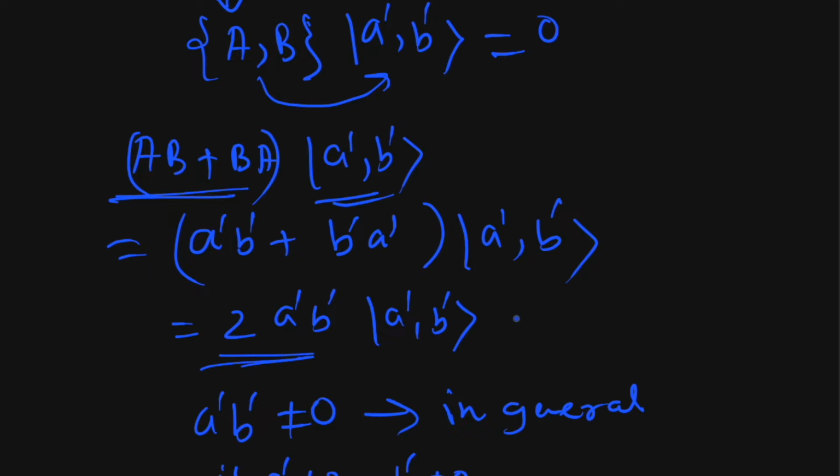That means this is not equal to 0, which means these two statements are not true. If these statements are true, then this statement cannot be true.